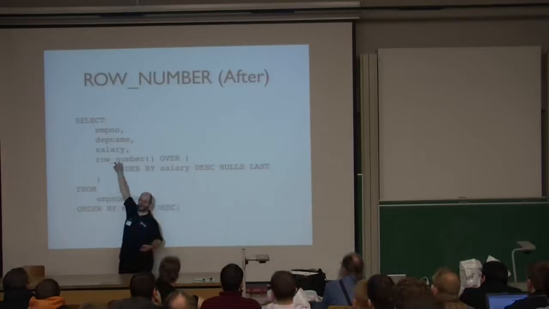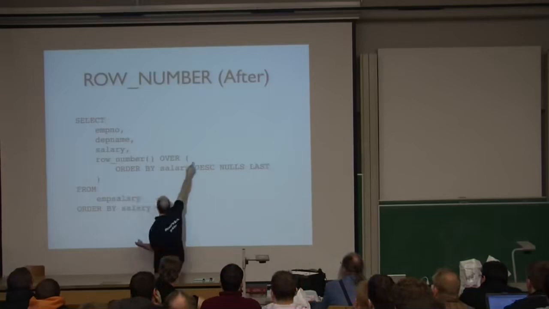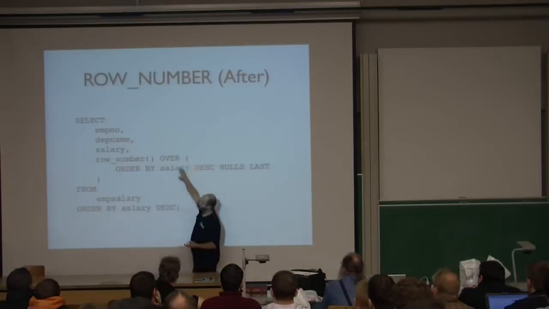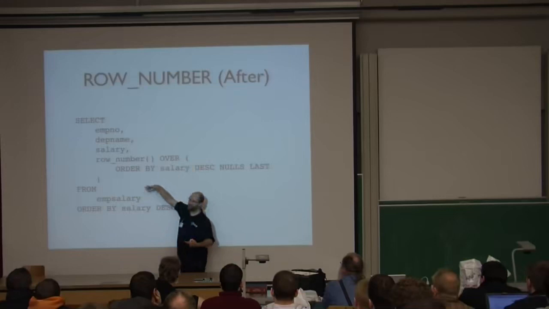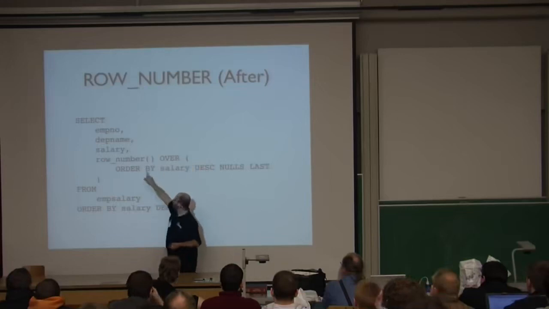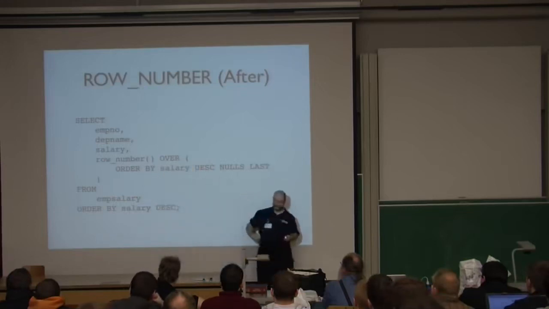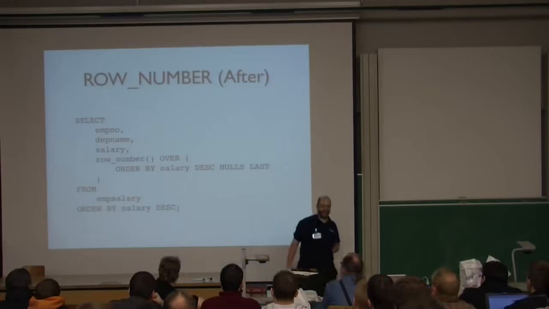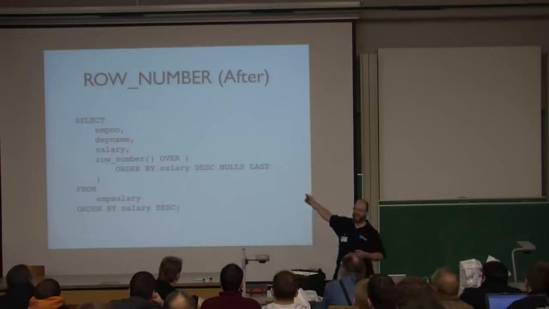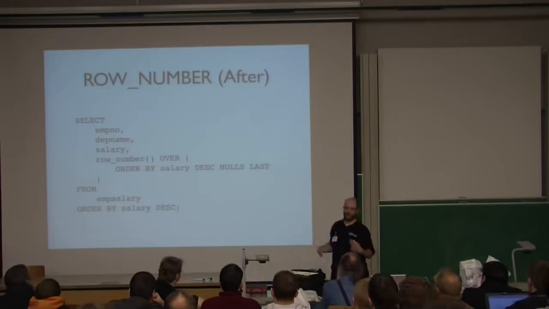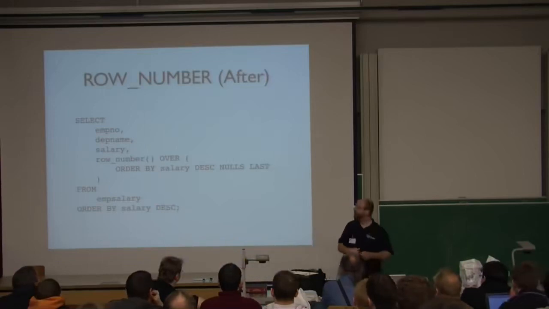In this case, it's called row number, and then it says over, and here's where you can define a window. You can also define it elsewhere. We'll go over that later. You say over, order by salary, descending, nulls last. Okay, so you have an ordering in there, and that's how the row numbers are going to come out.